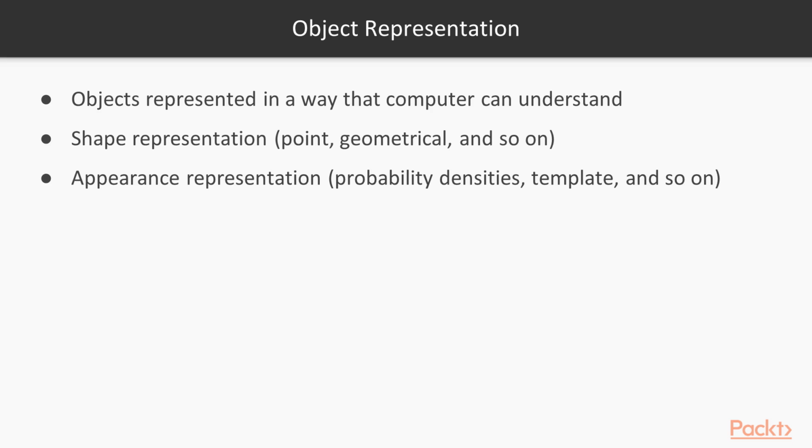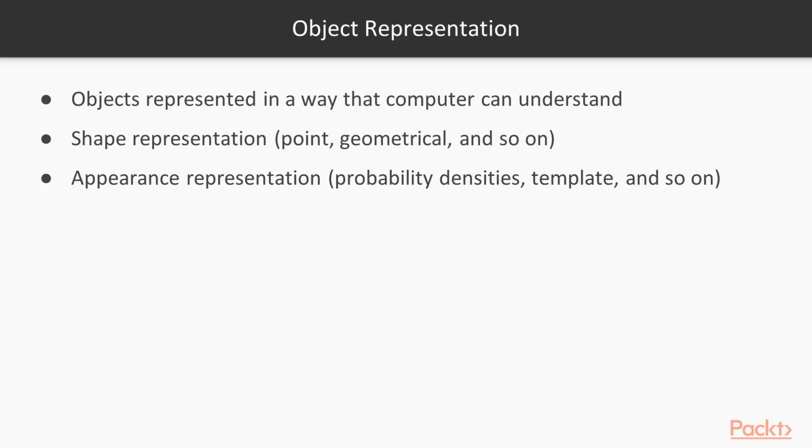For example, the point-based method, which is a kind of shape representation method, represents the detected object as a single point. So if you want to use point-based representation and say you are tracking a person, maybe you will have a point that represents the person as one single point at the center.